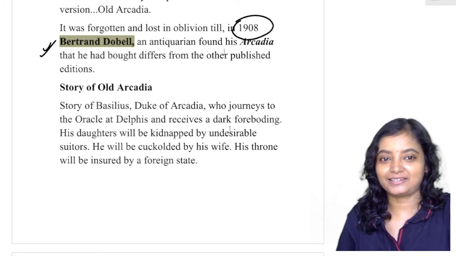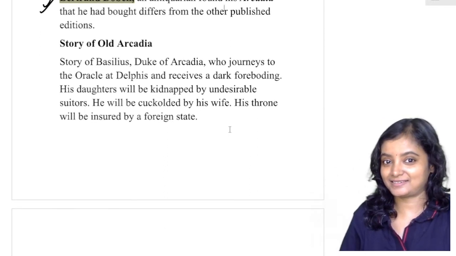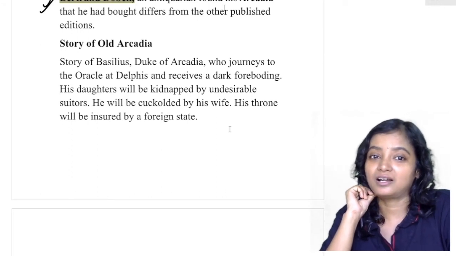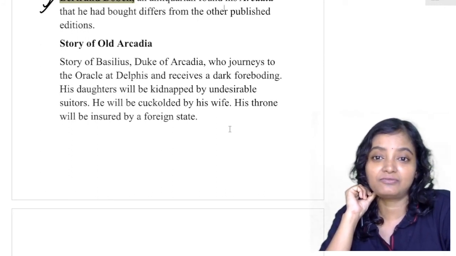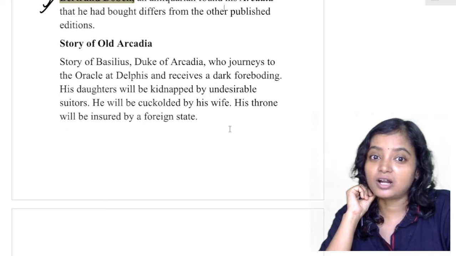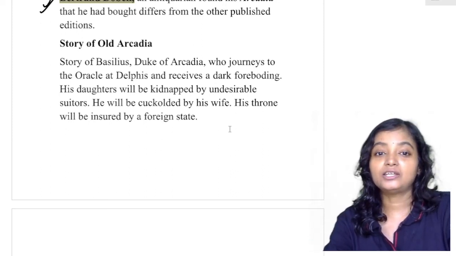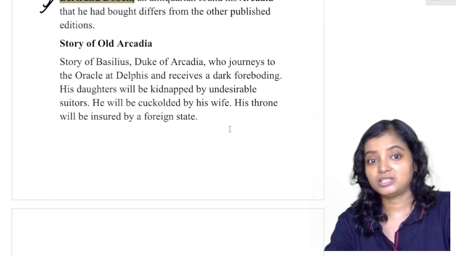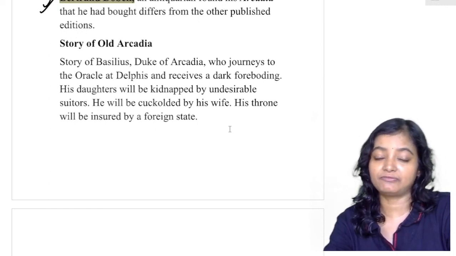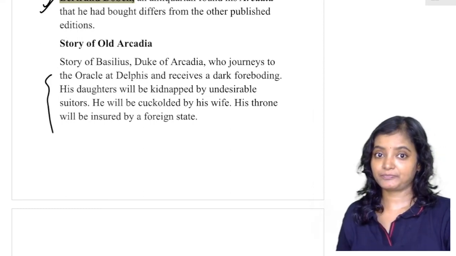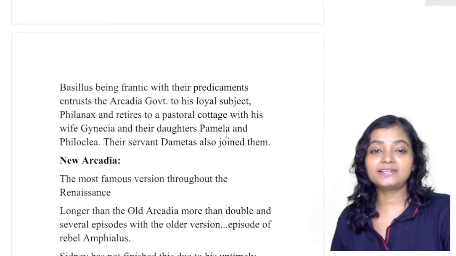Story of Old Arcadia. Story of Basilius, Duke of Arcadia, who journeys to the oracle at Delphi and receives a dark foreboding. His daughters will be kidnapped by undesirable suitors, and he will be cuckolded by his wife. His throne will be usurped by a foreign state. So all these foretellings just frightened the duke. So what did he do?